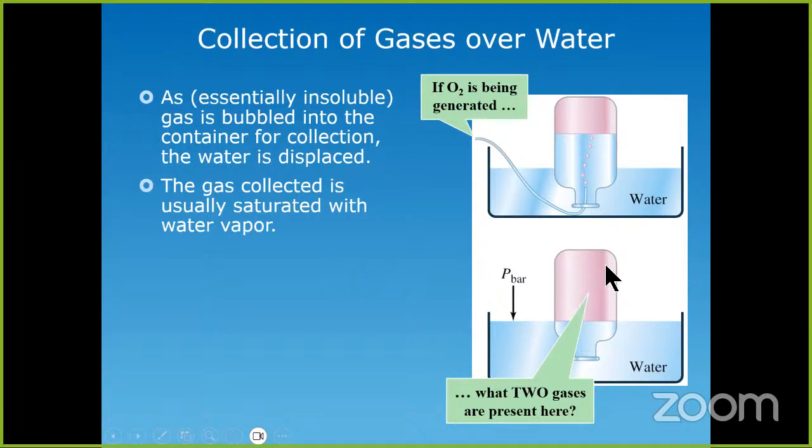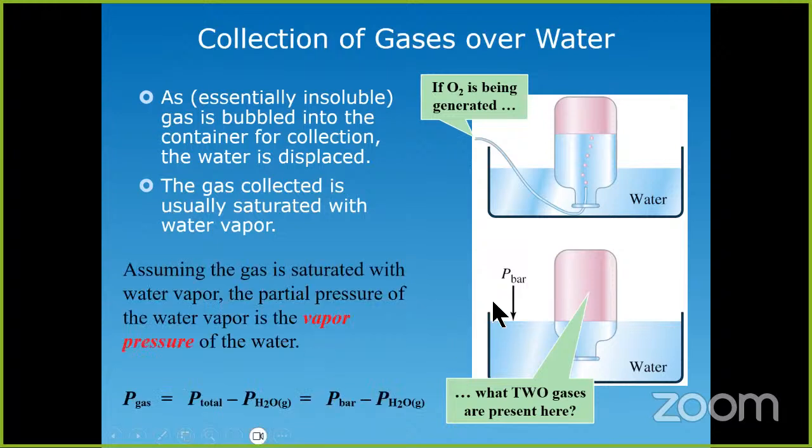So therefore, what that means is that you have a gaseous mixture here. Two gases. One would be the gas that you're collecting, which in this case is oxygen, and the other gas would be the water vapor. So therefore, the total pressure exerted here, which is equal to the barometric pressure here, would be the pressure of both gases, right? So that's why we have this equation here.